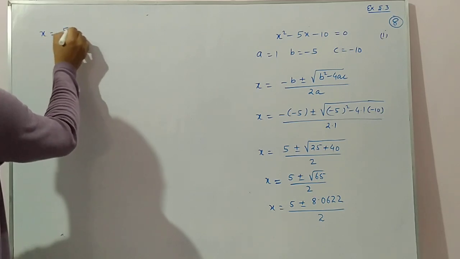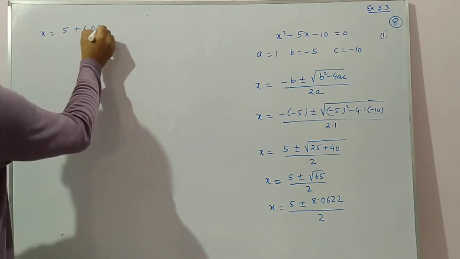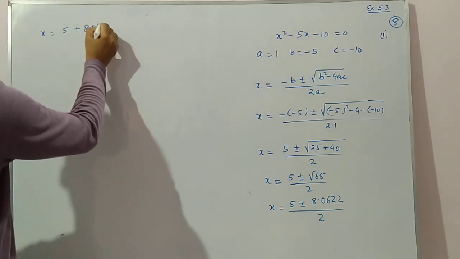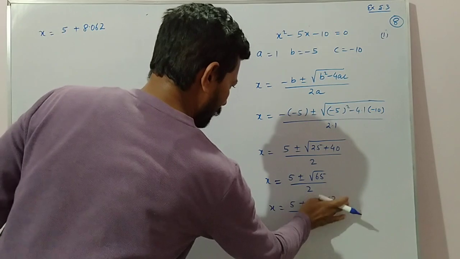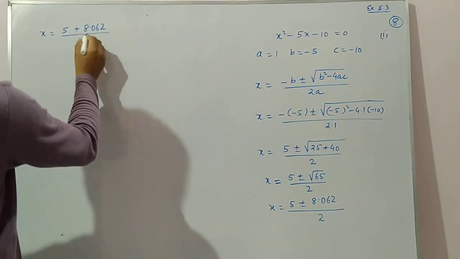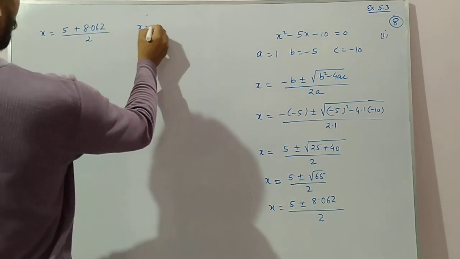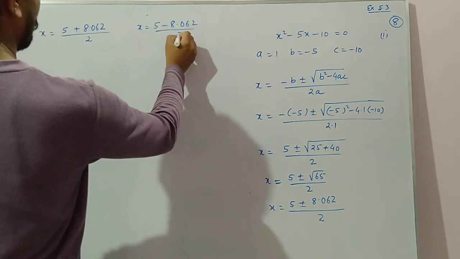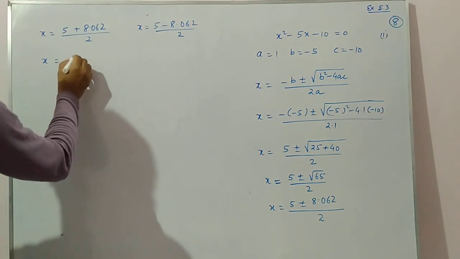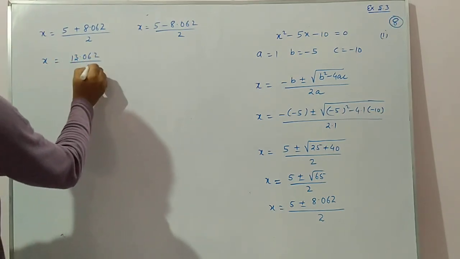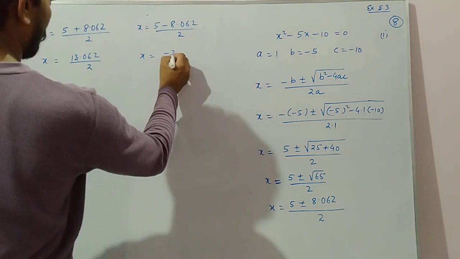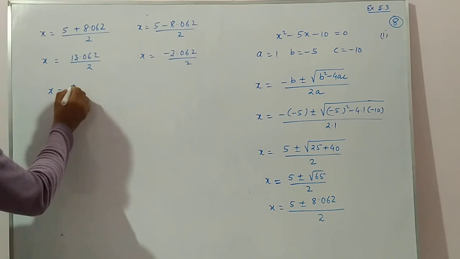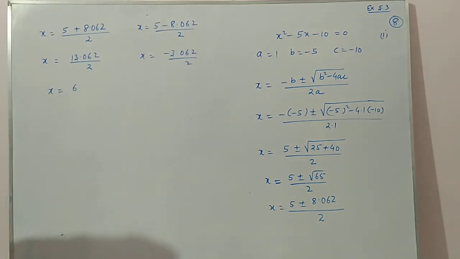X equal to 5 plus 8.062 by 2, or 3 decimal places only you take, and x equal to 5 minus 8.062 by 2. So this is 13.062 by 2. This one is minus 3.062 by 2. Or x, that is equal to 2 6 are 12.